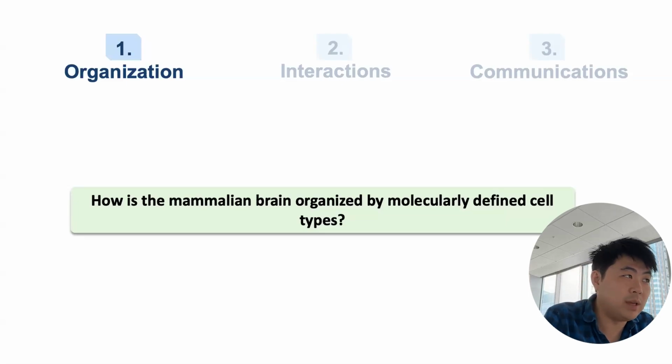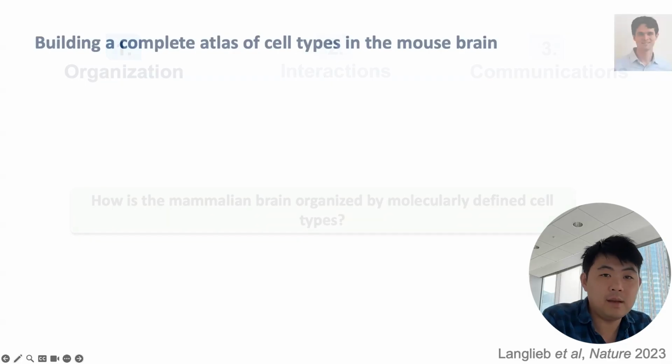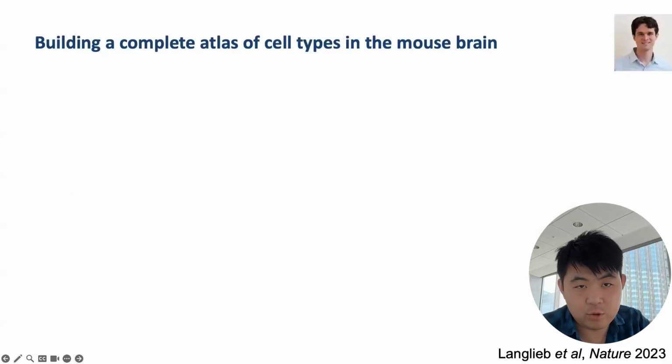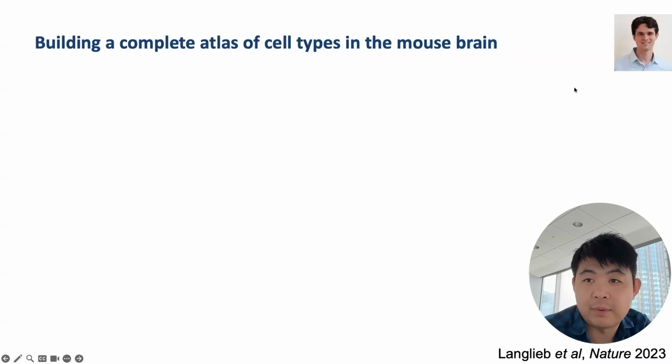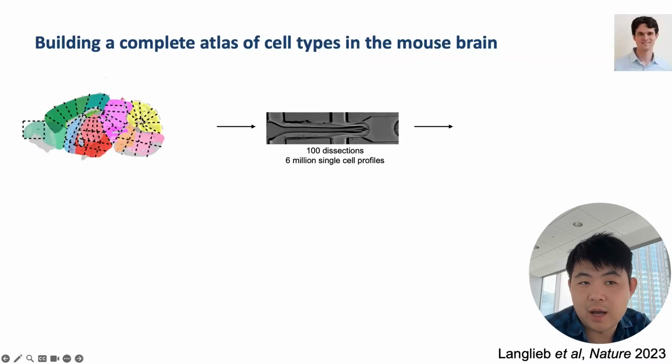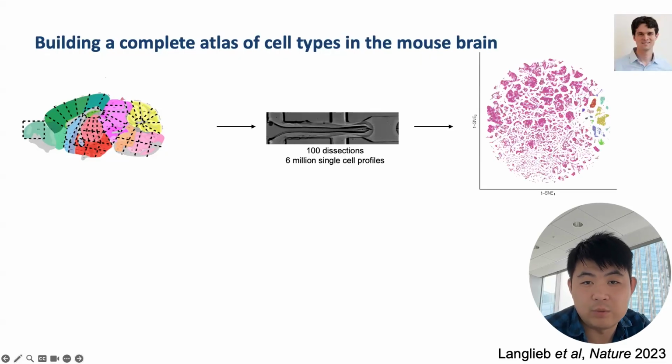Here we tried to answer how the mammalian brain is organized by molecularly defined cell types. What we did was set out to actually build a complete cell type atlas in the mouse brain. My collaborator, Evan Macosko, and I first took a mouse brain and performed 100 anatomical dissections, generating about 6 million single cell profiles, which we can then cluster into this UMAP you see here.